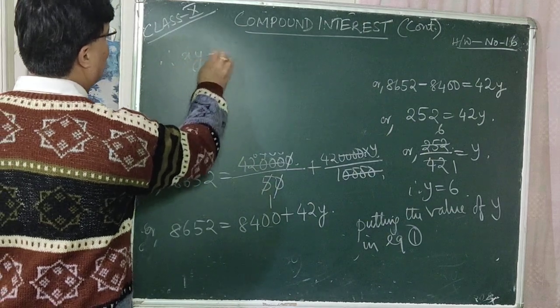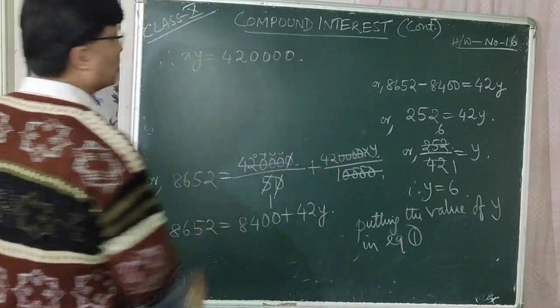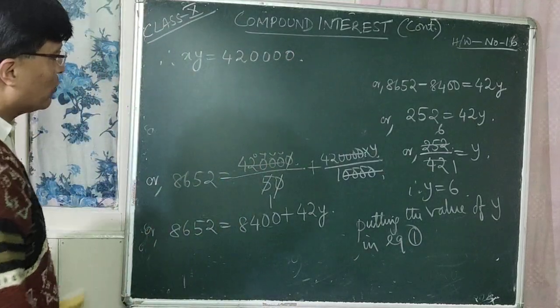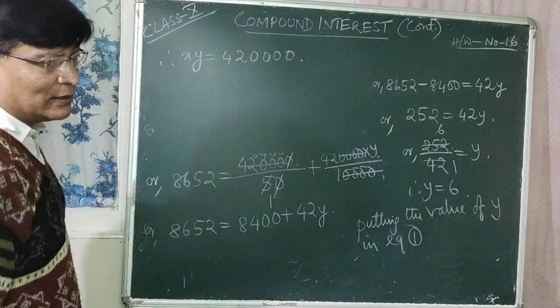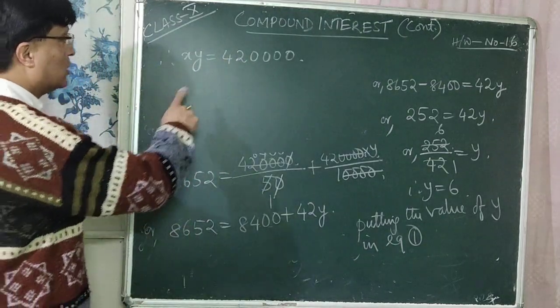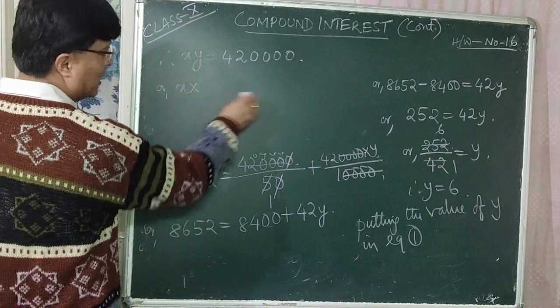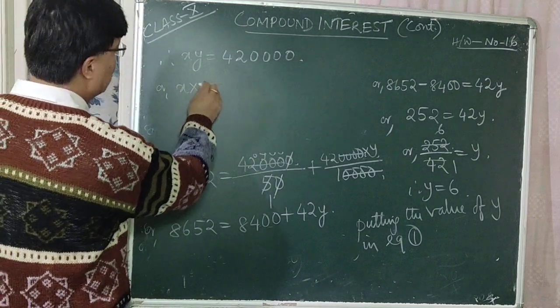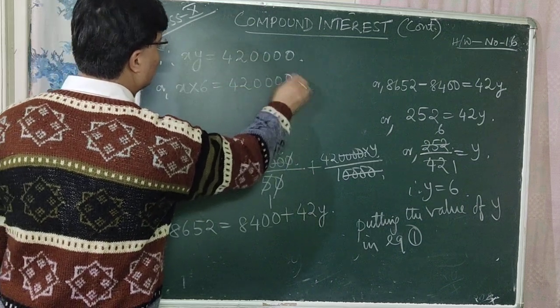Therefore, xy is equal to 4, 2 and how many zeros? 4 zeros. From equation 1, we had xy is equal to 4, 2 and 4 zeros. x into what is y? It is 6 is equal to 4, 2 and 4 zeros.